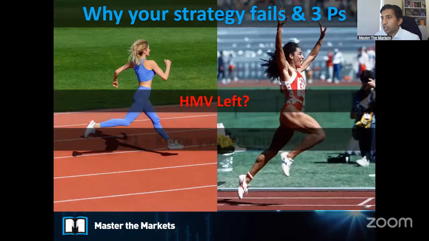Why your strategy keeps failing. The HMV factor is basically referring to how much move is left. Whenever you enter a trade, you must know how much move is left so that you do not get caught out and your profits become a loss.